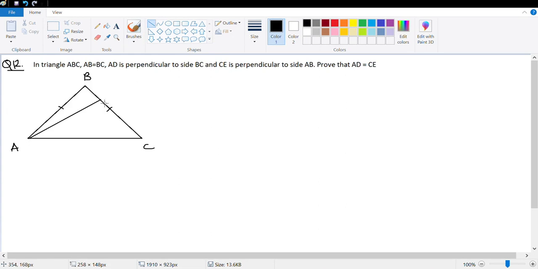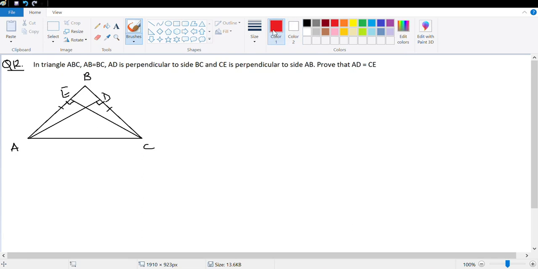The next one is CE is perpendicular to AB, somewhere here. So this is E, and this is D. Perfect. We need to prove that AD is equal to CE.